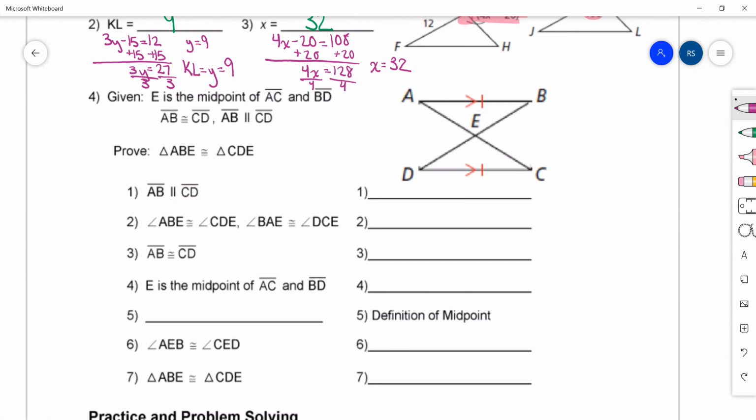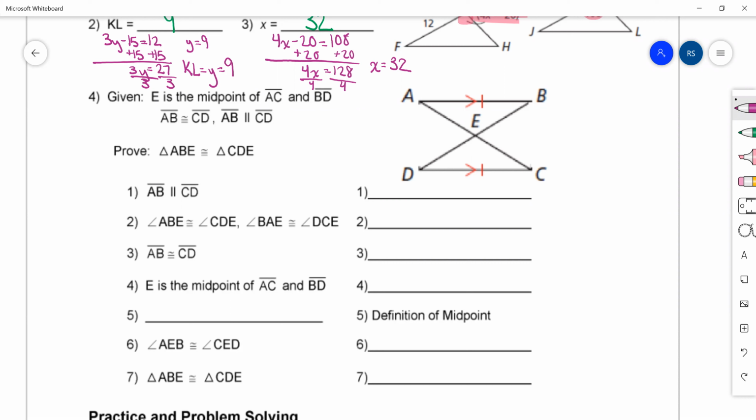Okay, now we have a proof to deal with. So let's do it. They give us some information and then tell us to prove that triangle ABE is congruent to triangle CDE.